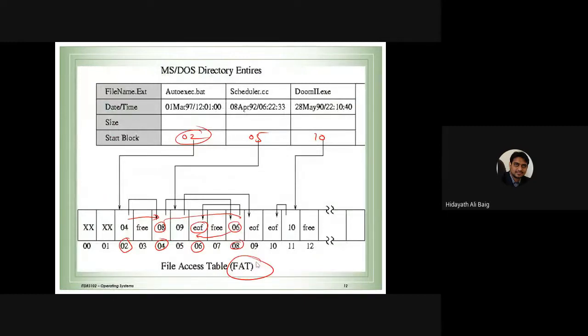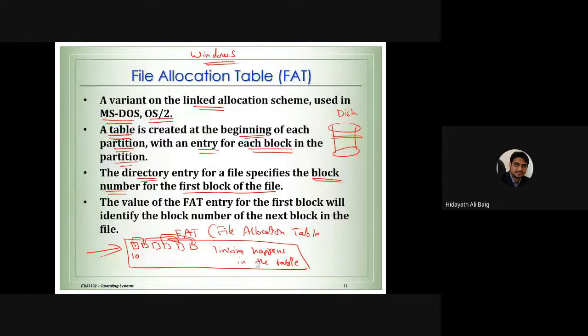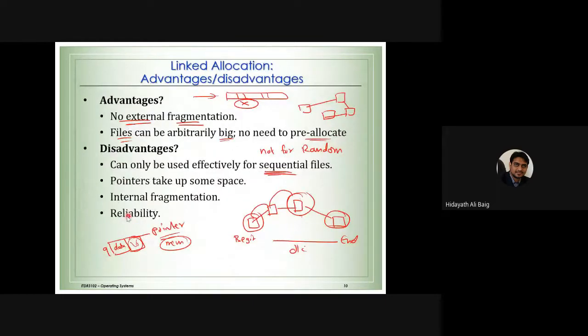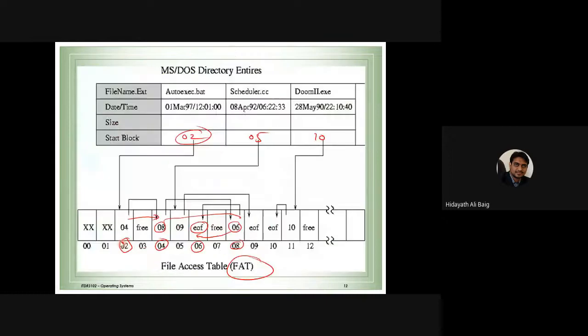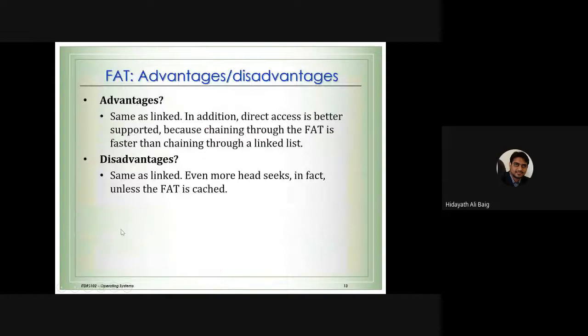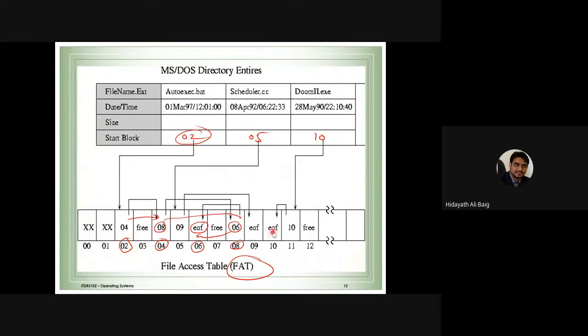Now you can think, teacher, what is the advantage of this? This is reliable. Compared to linked allocation, which I said is not reliable, here it is going to be reliable because we are not talking about a disk block here. This is just a table, information about the file. This information is safe in the operating system and in the hard disk.